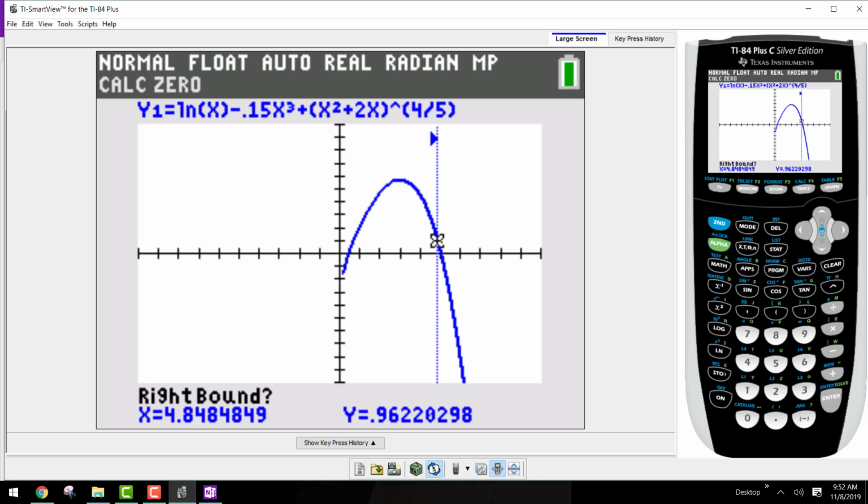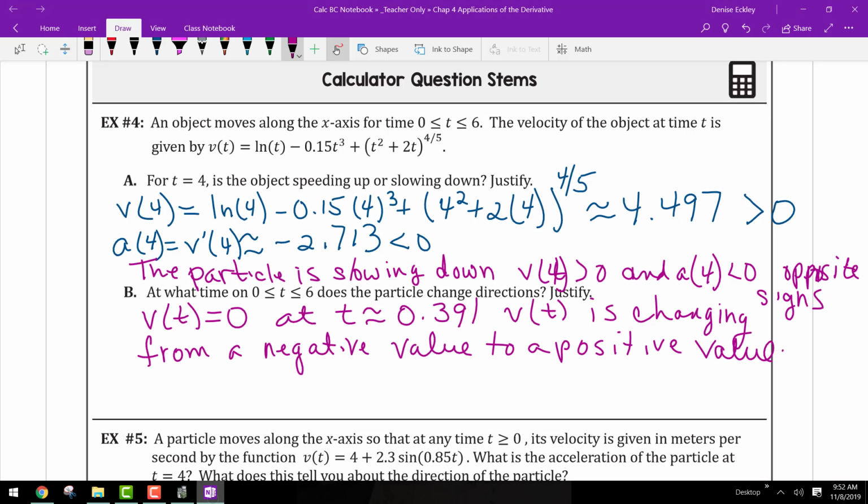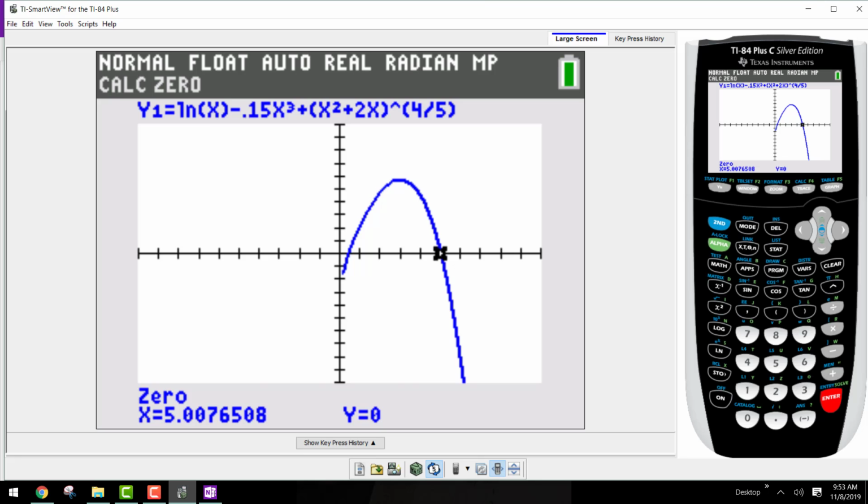So here's our other 0, and it is pretty darn close to 5. So 5.00, what was that number? 5.008.